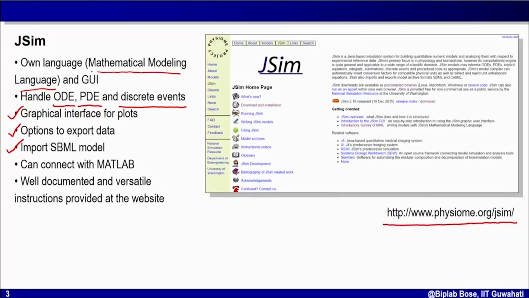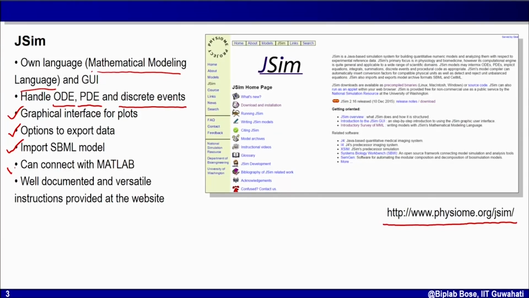That's why scientists are trying to develop a common markup language that will be used by everybody working in the field of systems biology. Systems Biology Markup Language is one such effort. And interestingly, JSim can export and import its models in SBML format.